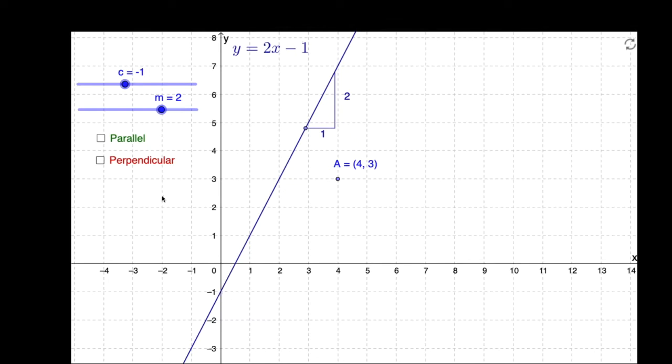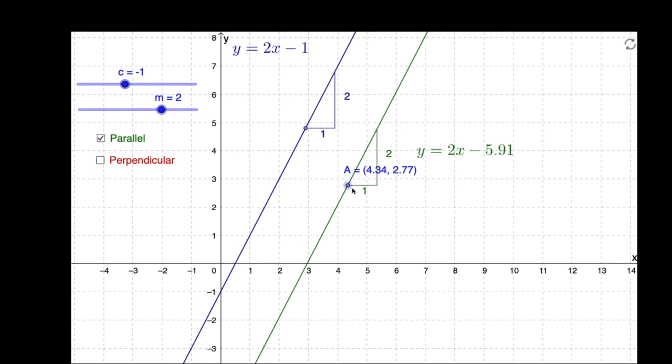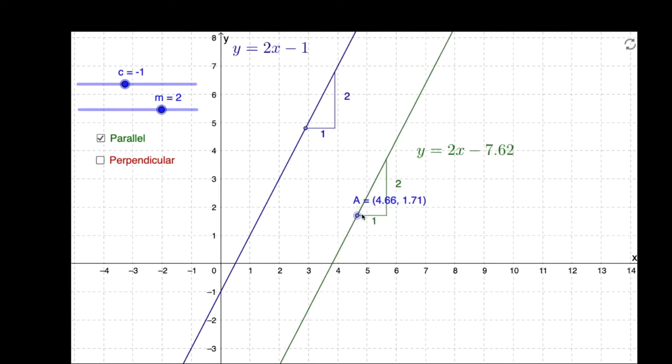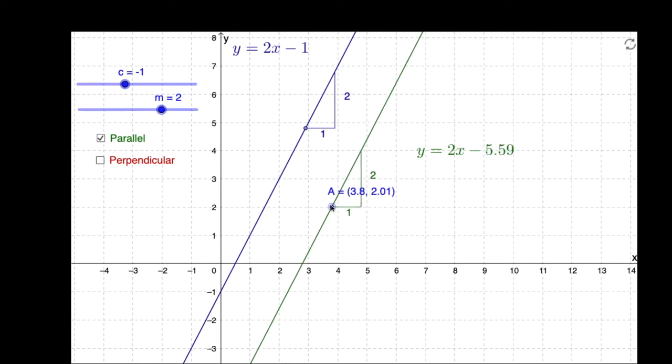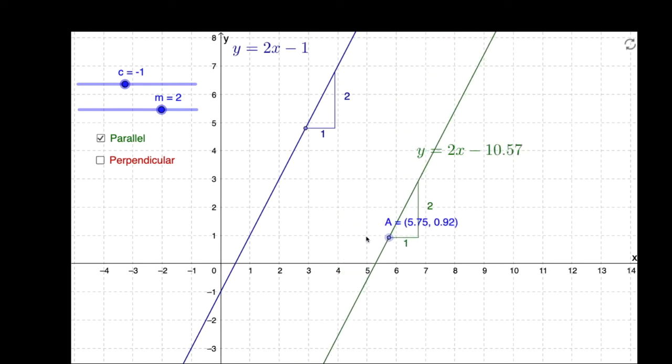Now what I want to do is put a parallel line up, so here's a parallel line, and it's passing through this point here. It doesn't matter where I put this point, it's going to be parallel. Now, what do we notice that's the same in this parallel line?